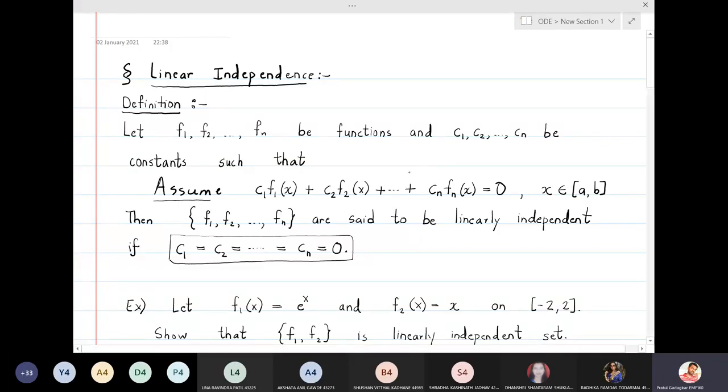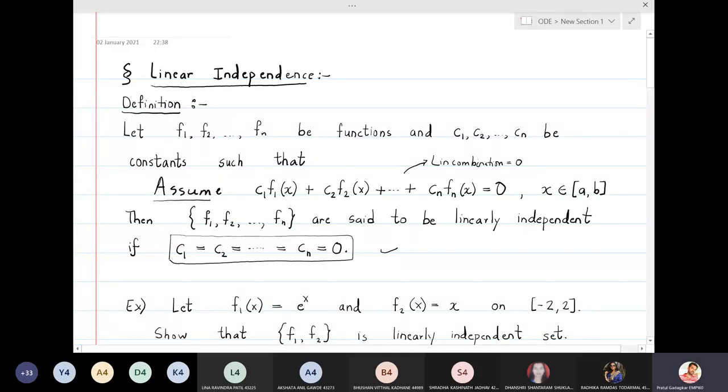So if the linear combination is equal to 0, then you must be able to prove that c1, c2, ..., cn, all these constants, are equal to 0. This is how you show that the functions are linearly independent.